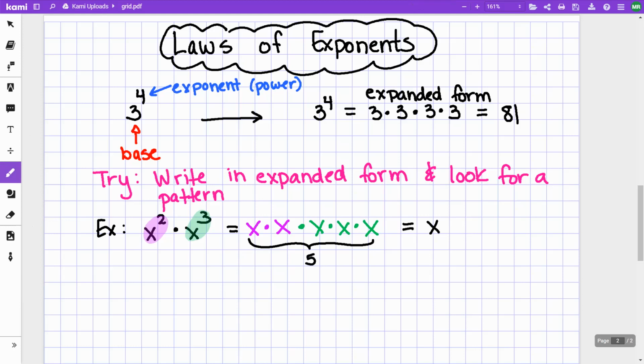So this ended up being x to the 5th. So what we ended up doing was we took the exponent 2 plus the exponent 3, and that's how we got the exponent 5.